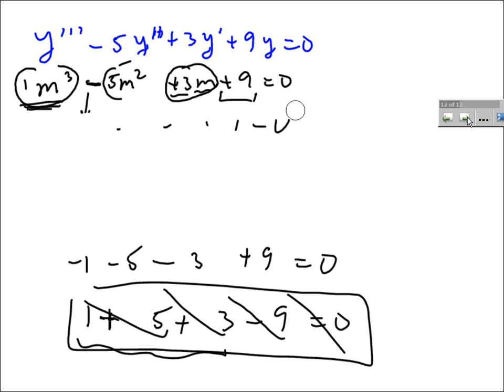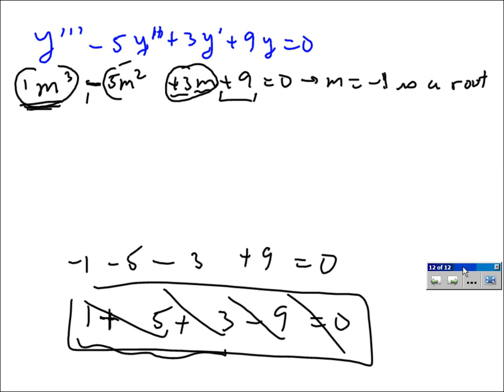Okay, so now we know that m equals negative 1 is the solution. Let me write it here. m equals negative 1 is a root or a solution.